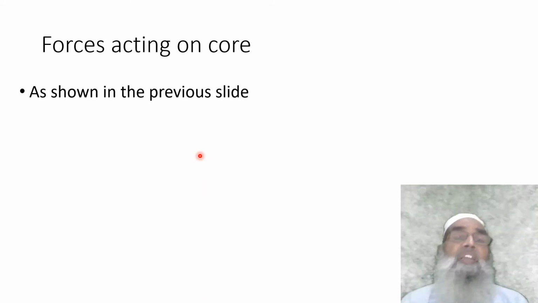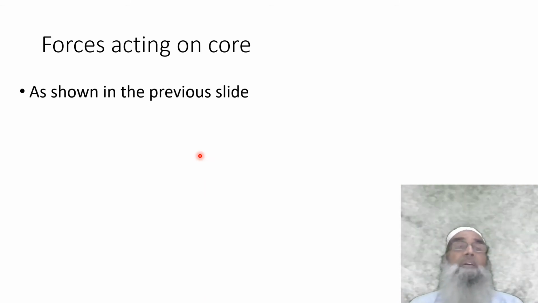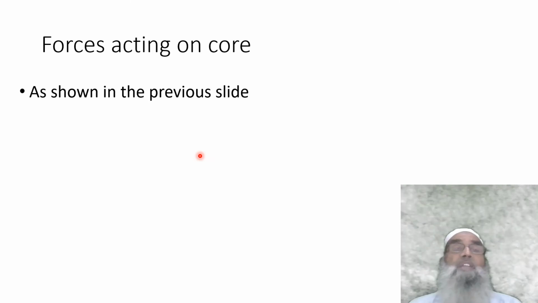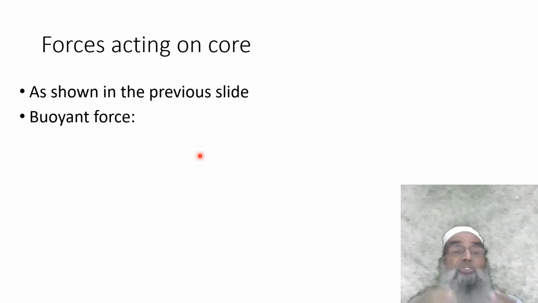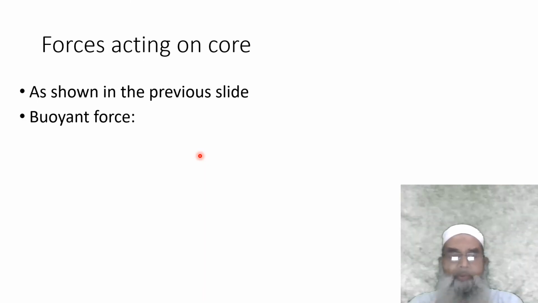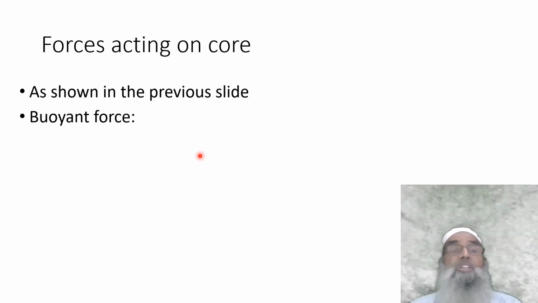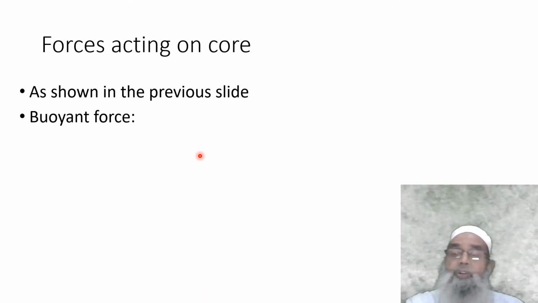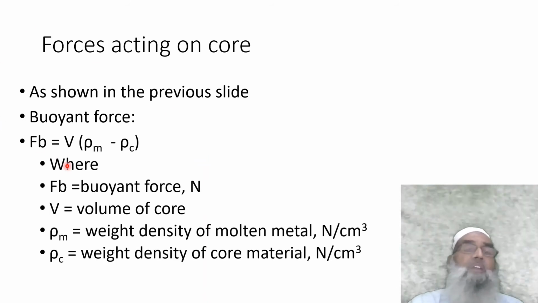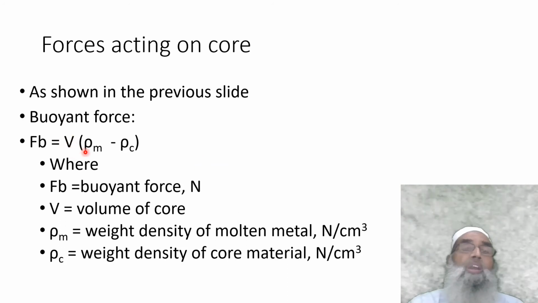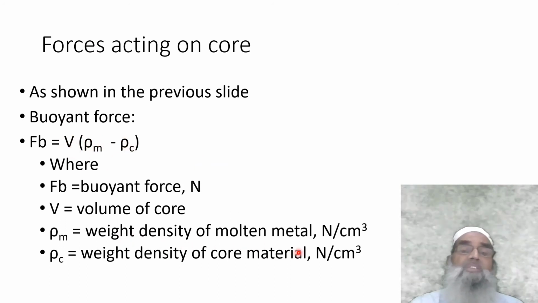Now, let us see what forces act on the core. As shown in the previous slide, the buoyant force of the molten metal surrounding the core will try to lift or misalign the core. This buoyant force is given by Fb, where V is the volume of the core, and rho m and rho c are the weight density of the molten metal and the density of the core material.